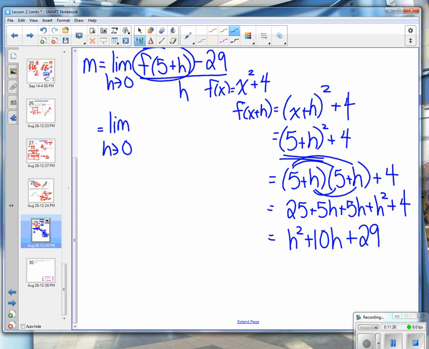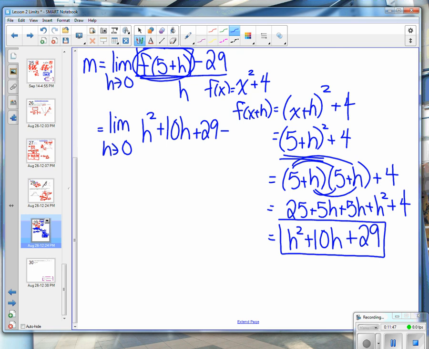Now what we can do is write everything back into our equation. So I've got my f of 5 plus h, which is basically this guy right here. So I've got h squared plus 10h plus 29 minus 29 over h.